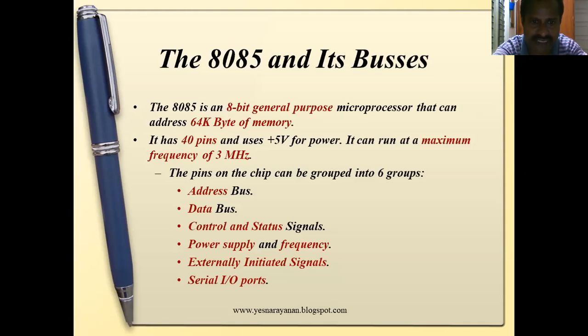Then externally initiated signals, meaning interrupts, and we have serial I/O ports. The microprocessor is 8-bit, but if we communicate from one processor to another, we communicate serially. So we require the serial I/O ports.